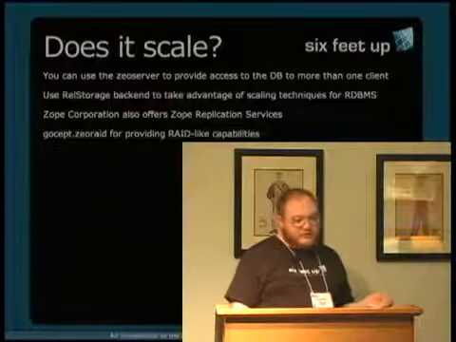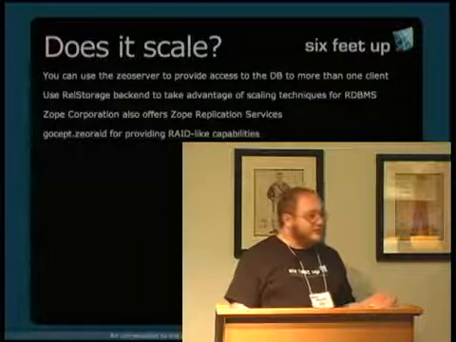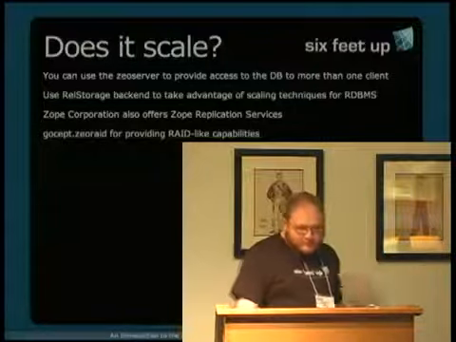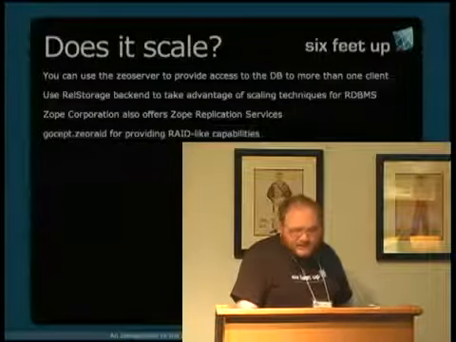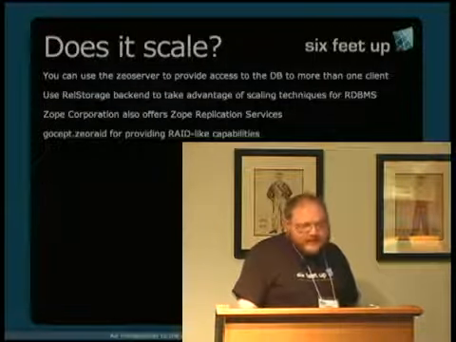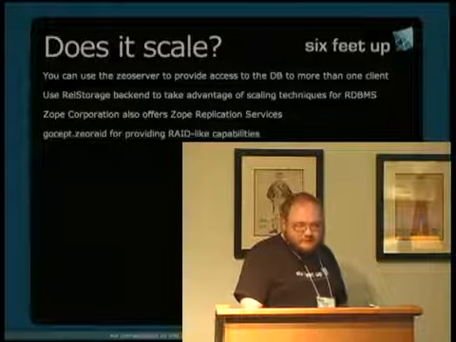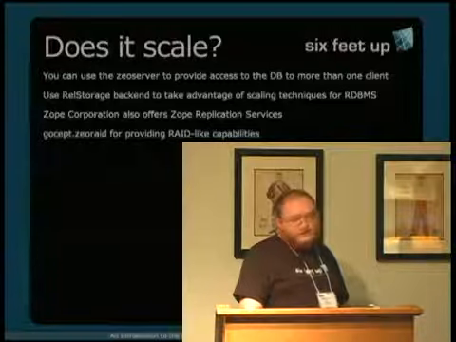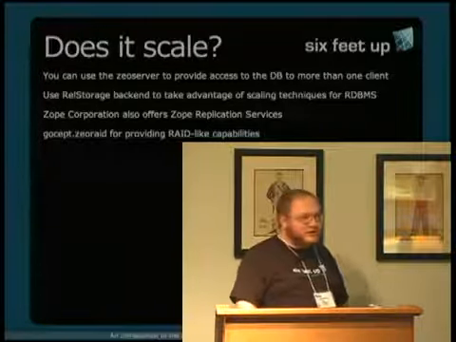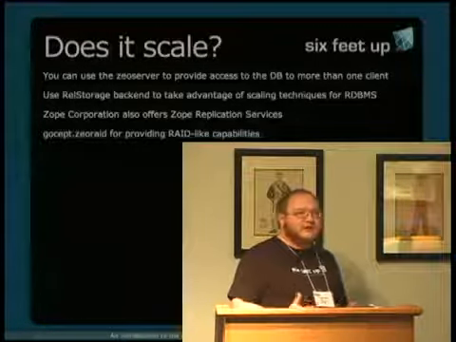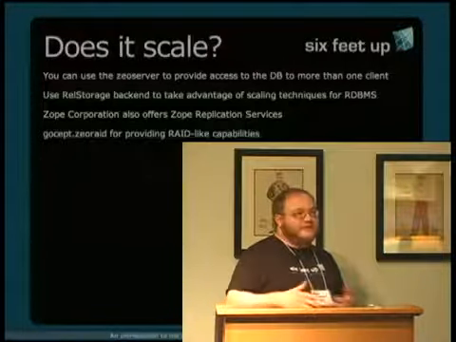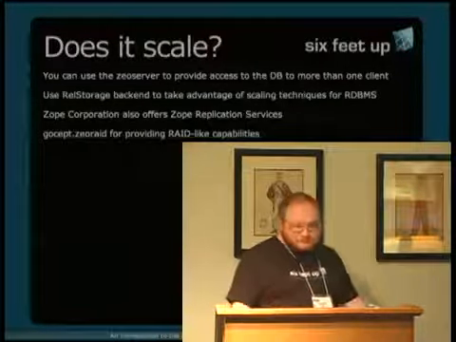ZODB was written for the web. I assume that makes it web scale, but not in the Mongo sense. But actually it is for smaller deployments. So you can use the ZEO server that I mentioned earlier to kind of sit in front of a Data.fs file and serve that out to more than one client application.